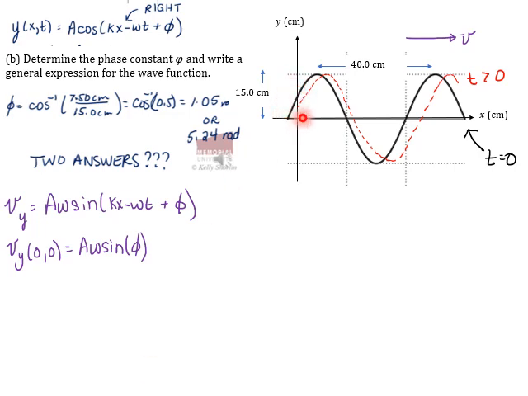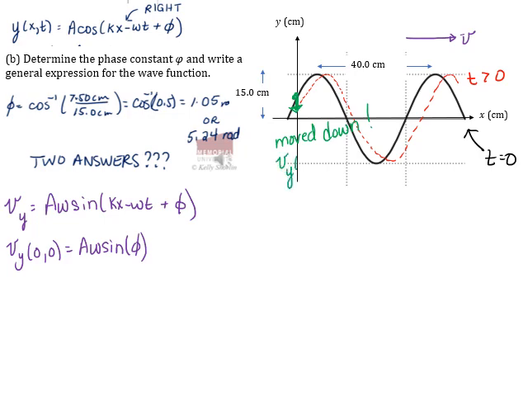Now let's focus in on that little bit where x is 0 and t is 0. So that initial spot right there. So this little bit of string, that moved downwards. So as my wave moved to the right, the little bit of string at x equals 0 and t equals 0 moved down.